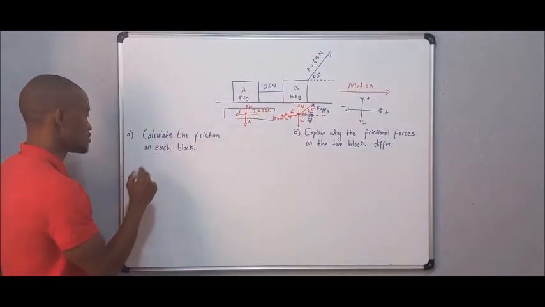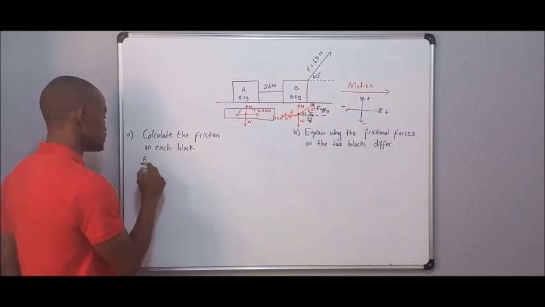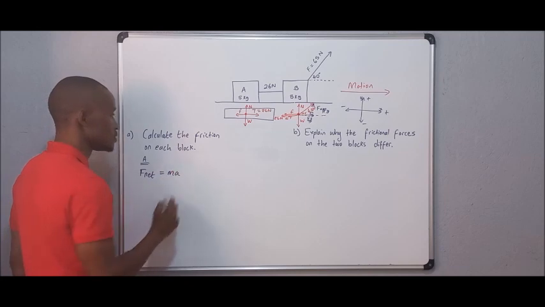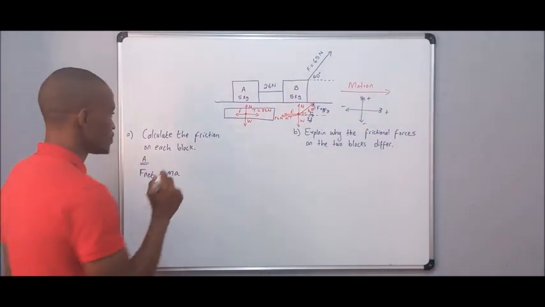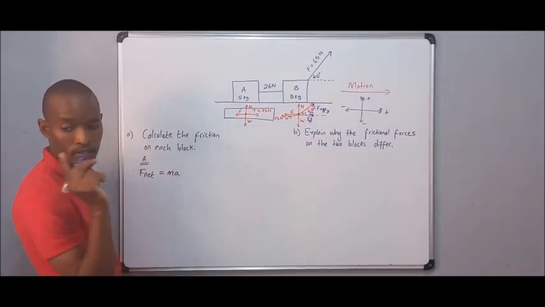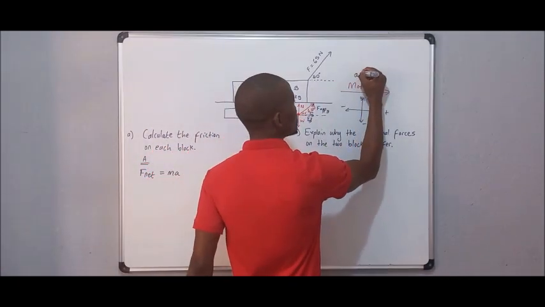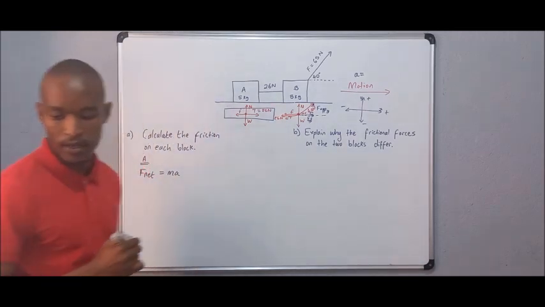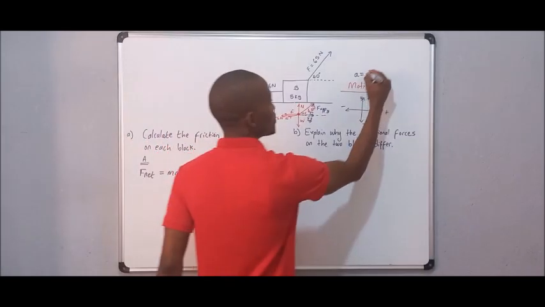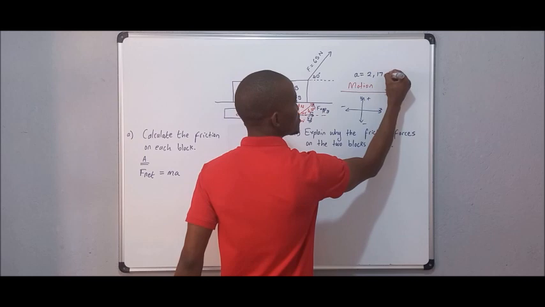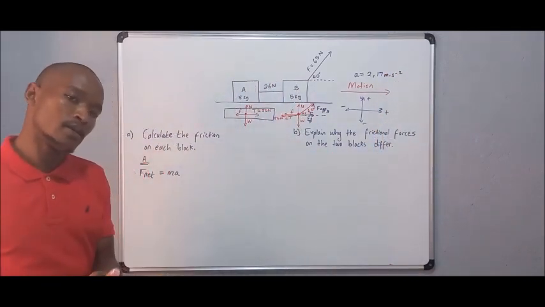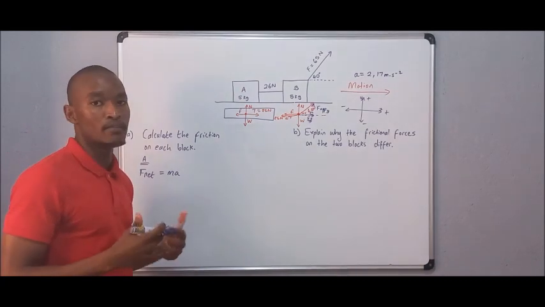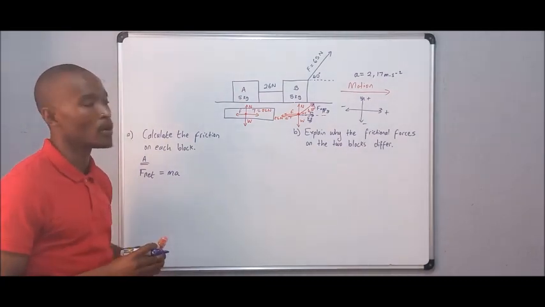Okay, so for A, we have the net force is equal to MA. Why are we using this equation? Obviously, we are applying the laws of Mr. Isaac Newton, and we understand that the net force is the sum of all vectors acting on a mass, or on a block, or on a body, all right?